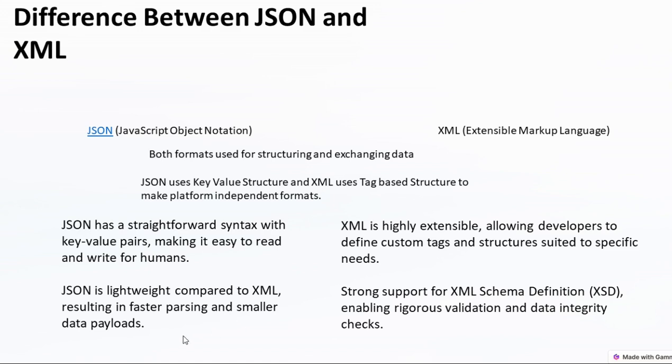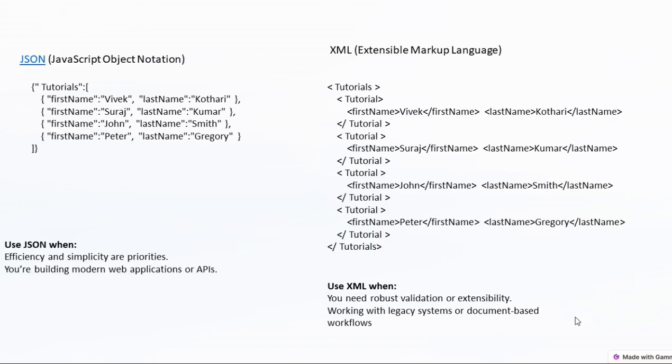That's because it's much easier to write a JSON file as compared to XML, and it's a quite shorter version, and therefore it's faster. It provides faster parsing of the data and also has smaller data payloads. XML as such has very rigorous validation and data integrity checks. These are the advantages of XML: very rigorous validation and very good data integrity.